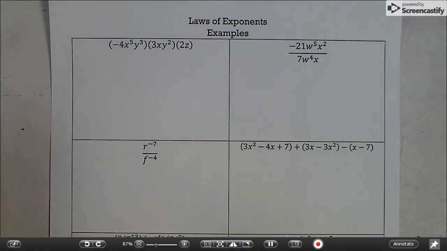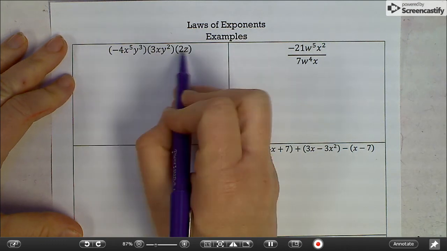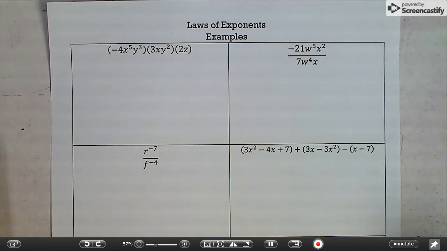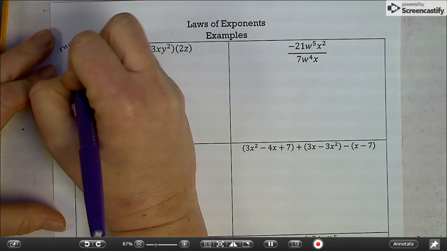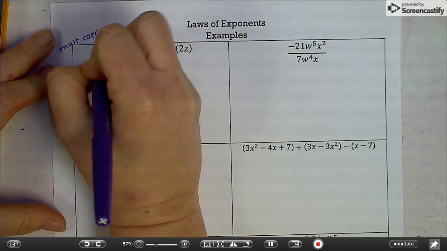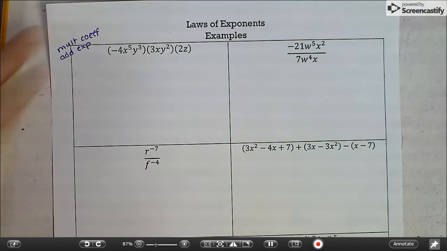Here we go. So this first problem here only involves the multiplying exponents rule. And hopefully you remember that when you're multiplying, you multiply the coefficients and you add the exponents. Coefficients are the big number in front.